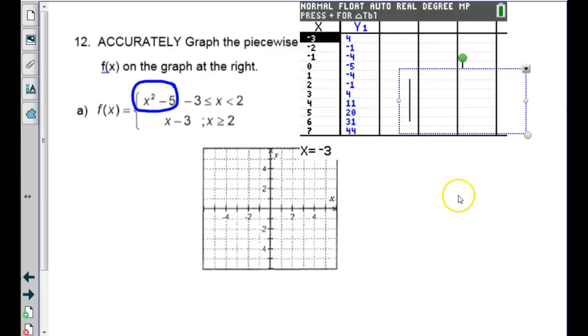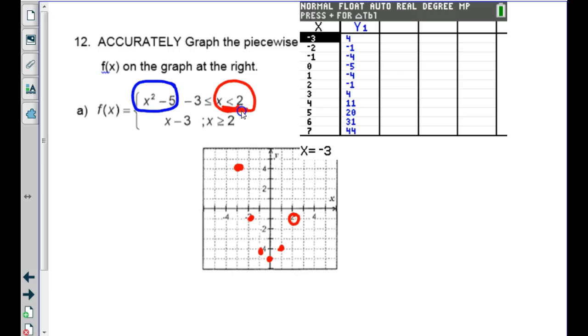So you would be plotting the points negative 3, 4, negative 2, negative 1, negative 1, negative 4, 0, negative 5, 1, negative 4, and 2, negative 1. But what happens at 2, negative 1? That's the one that's open because it was not equal to. But you do have to go right to that point. You have to plot that point.